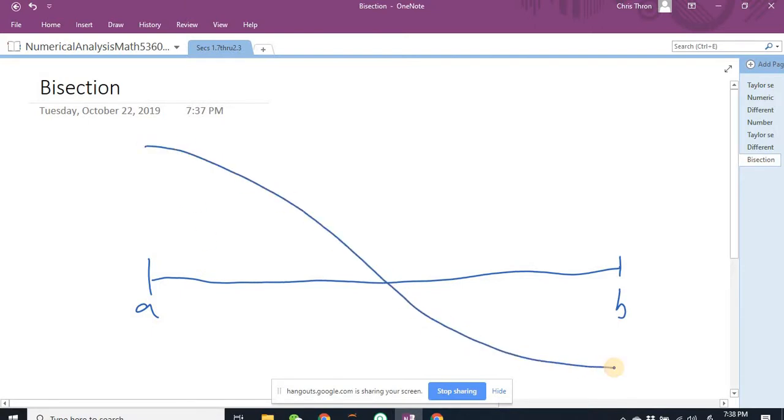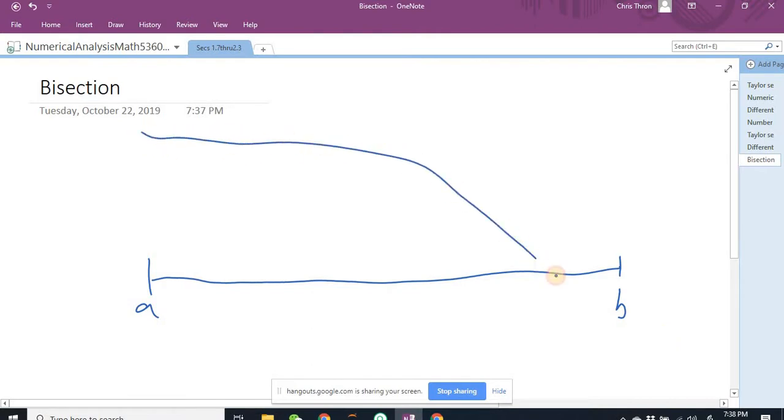Now notice that here you're above and here you're below. Actually, let me do it differently. Let's put the root over here somewhere, closer to there. Here you're above, this is the x-axis, and here's the y-axis. Here you're above and here you're below, so there must be a root in between.